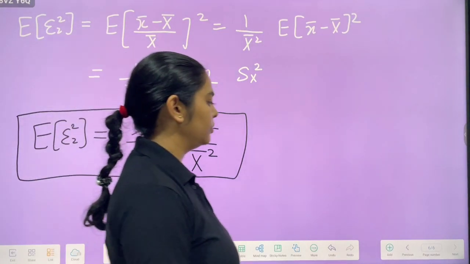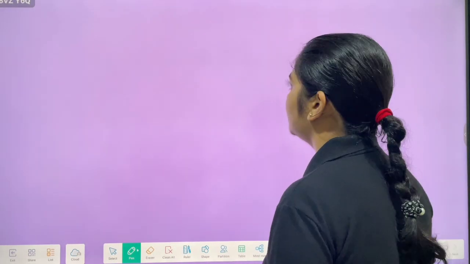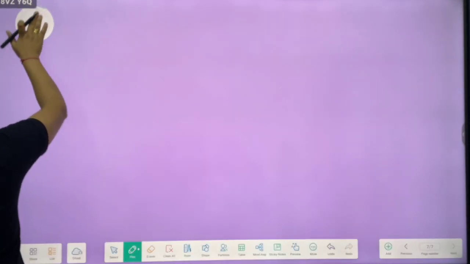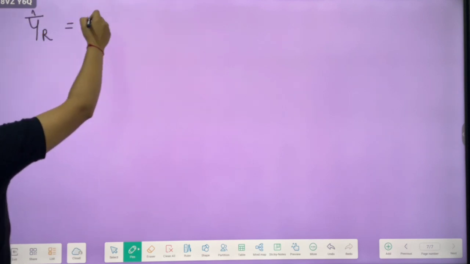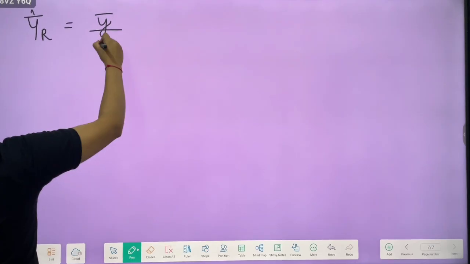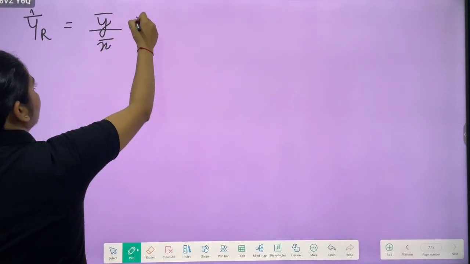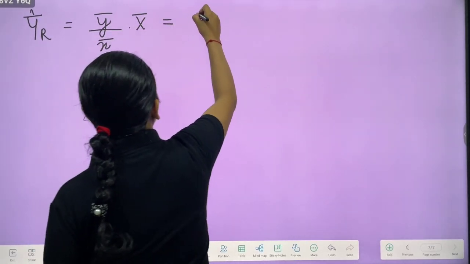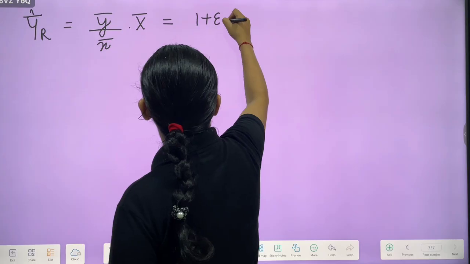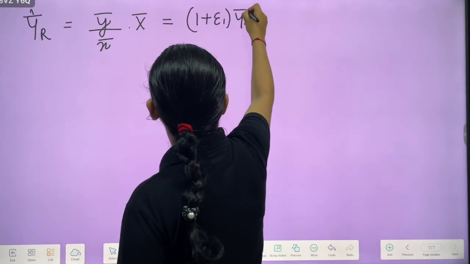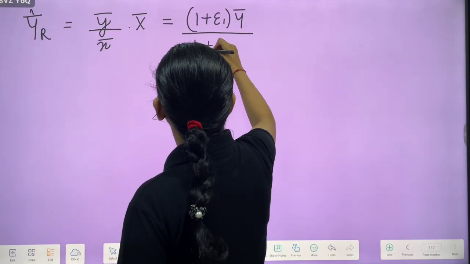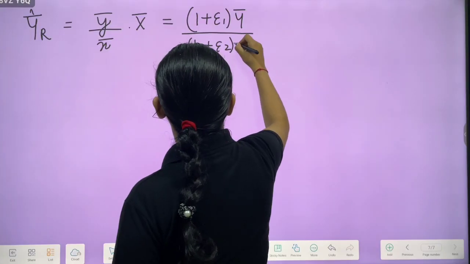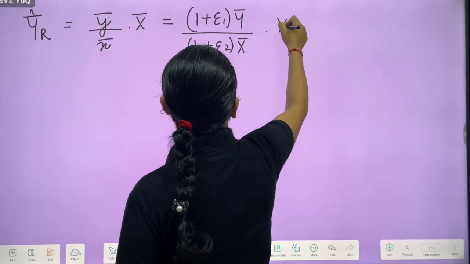Now putting the values in ratio estimator. The ratio estimator was given by y bar upon x bar into capital X bar. The value of y bar was 1 plus epsilon 1 into capital Y bar, and x bar was 1 plus epsilon 2 into capital X bar.